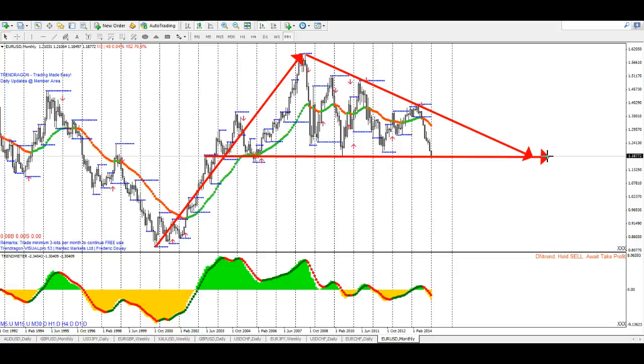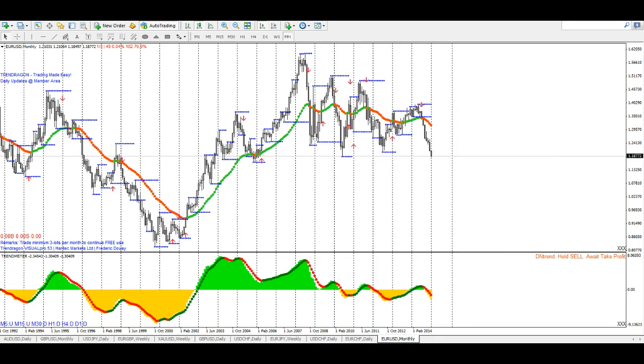The theory behind a flag is that it's a continuation pattern. So normally the currency should go back up, do something like this, and break back up. That is the theory behind that.